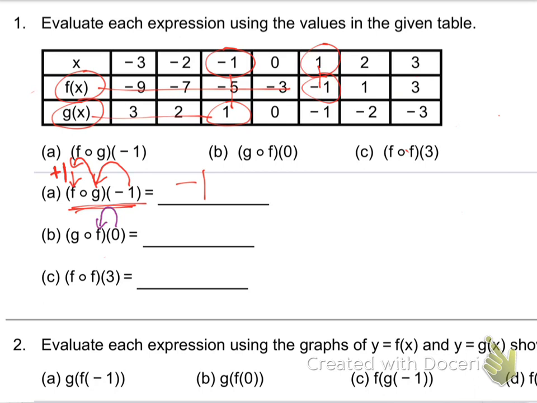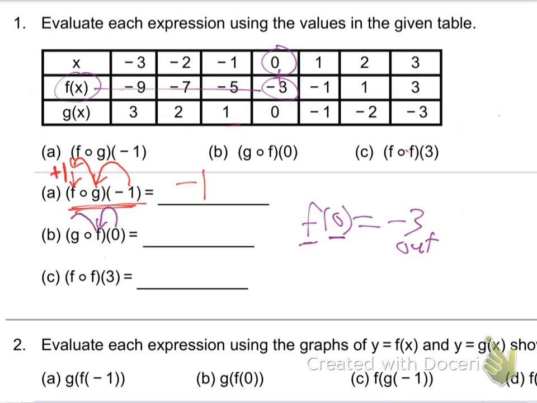So we would start with f of 0. You put 0 into f. So find our input up here in the top row. Find f. We're going 0 into f. Go across and down. -3. So out comes -3. So put the bread in. Toast popped out. So out comes -3 out of the f function.